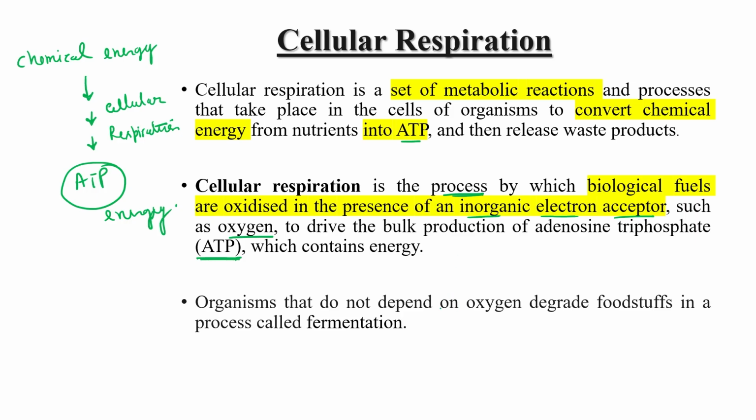And organisms that do not depend upon oxygen degrade their foodstuff through a process known as fermentation. There are two types of organisms, aerobic and anaerobic, right? Anaerobic respiration occurs in the absence of oxygen, while aerobic organisms require oxygen for their cellular respiration. Clear?